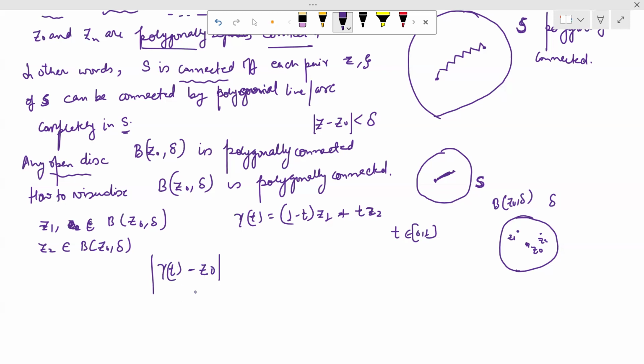Now, don't worry. Just think about this gamma t minus z0. Is that fine till now? And what is gamma t? Gamma t is (1 minus t) z1 and then plus t times z2, and you'll get a minus of z0.